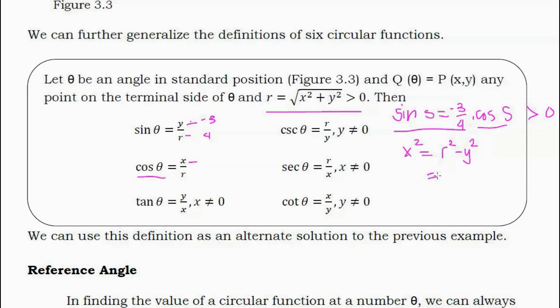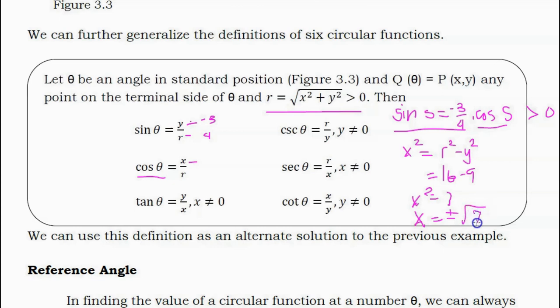Our r is 4, so r squared is 16, minus, our y is negative 3, and negative 3 squared is equal to 9. So 16 minus 9 is equal to 7. So our x squared is equal to 7. Then we take the square root, so x is equal to plus or minus square root of 7.